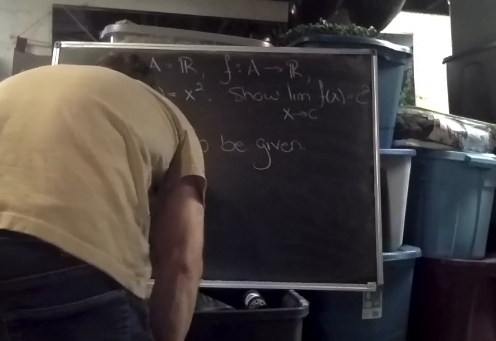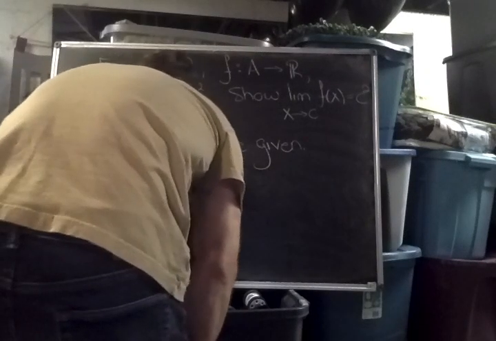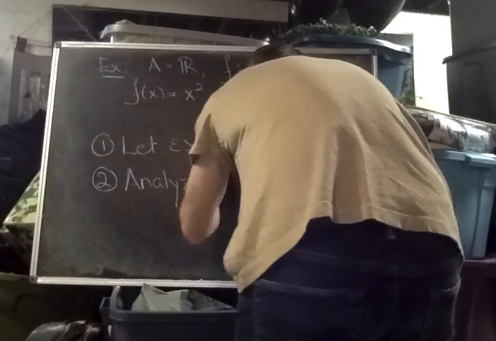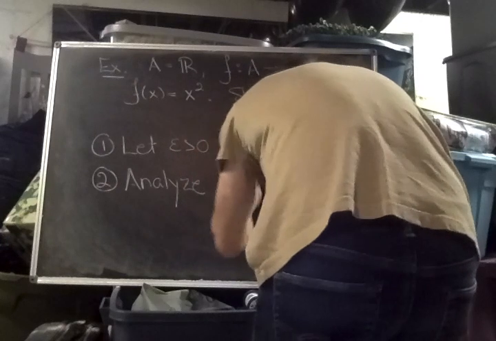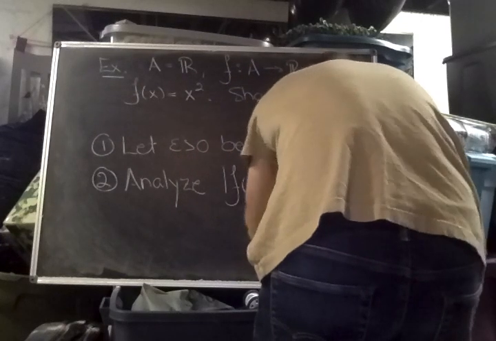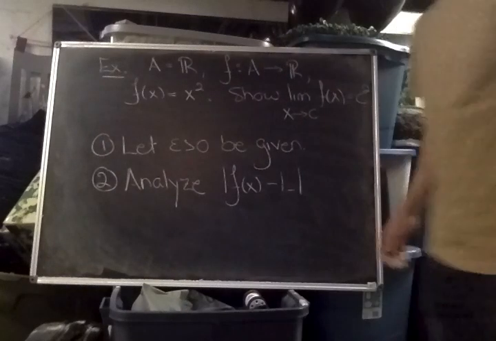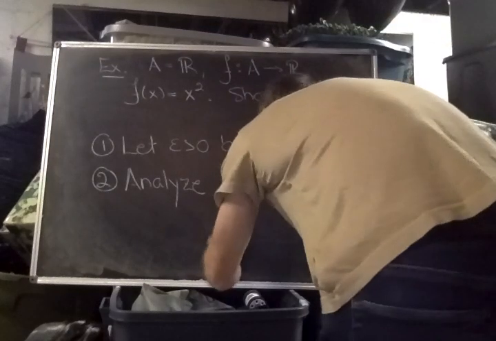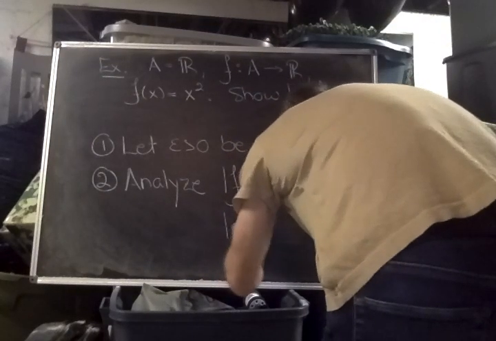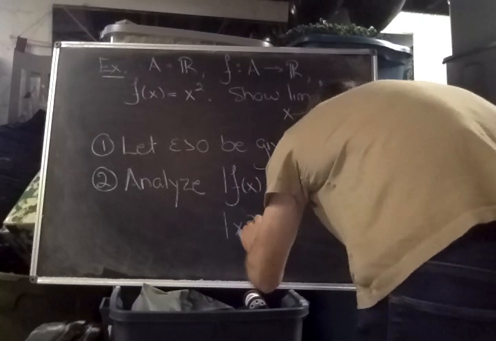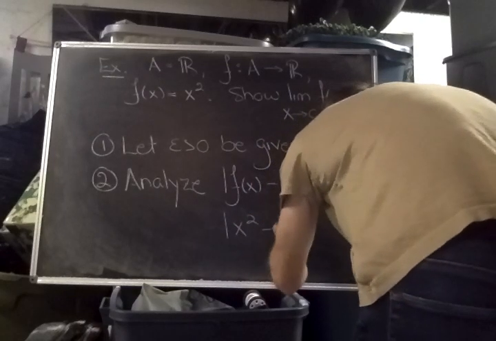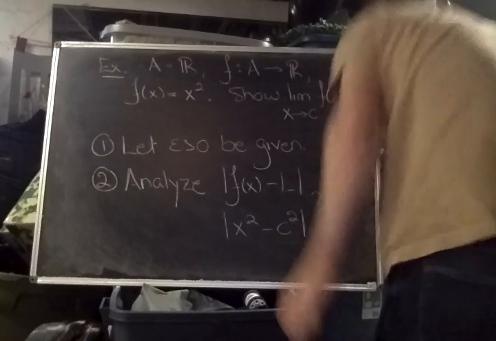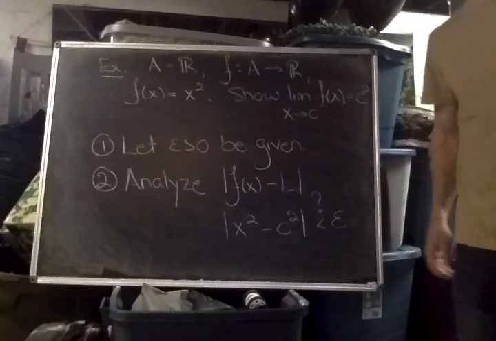Then 2, let's analyze the absolute value of f of x minus L, which in this case is going to be x squared, that's our function f of x, minus c squared, and we would like that to be less than epsilon, right?